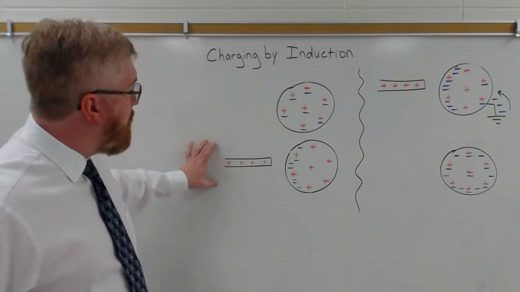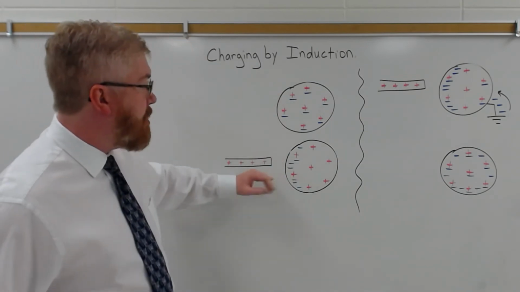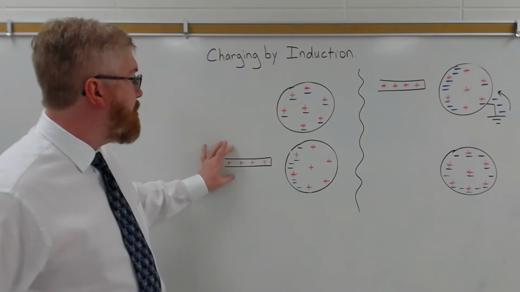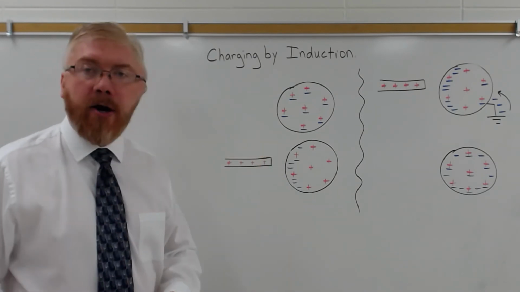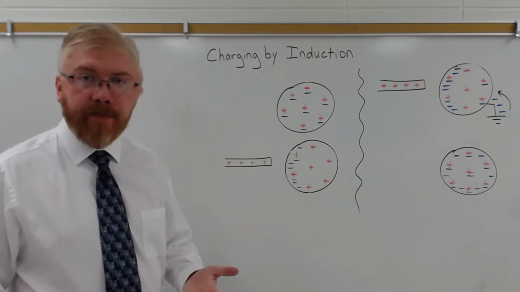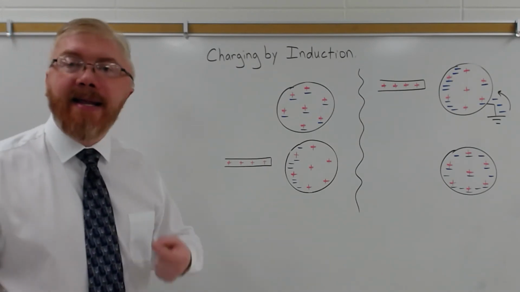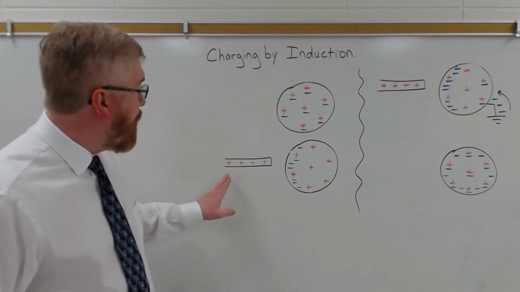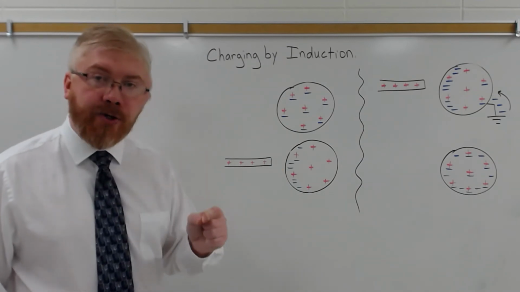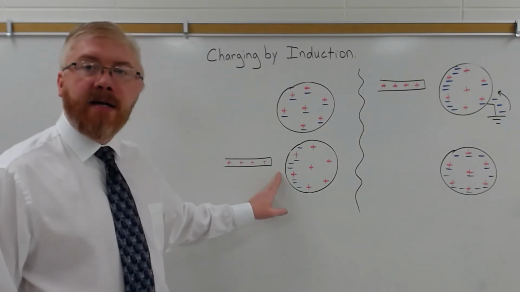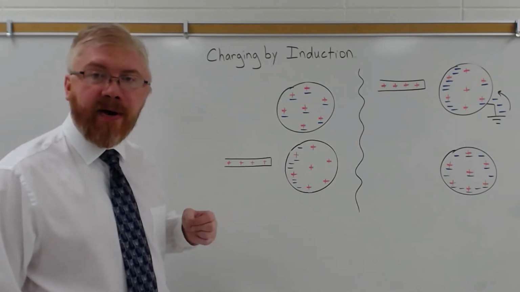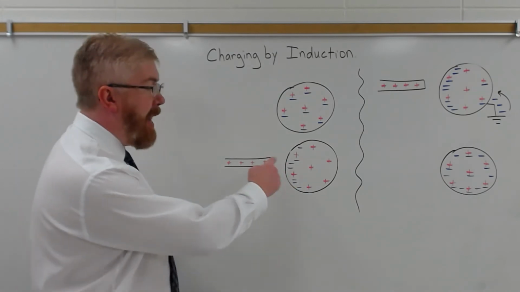Now, this is step 2: I bring close to this object a positively charged insulating rod. So this rod is missing electrons. It has a net positive charge. I bring it close, but I do not touch it to this conducting sphere. What ends up happening?